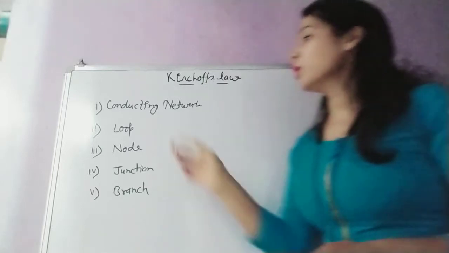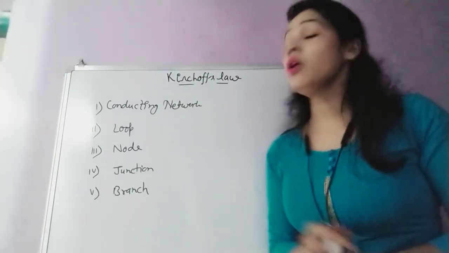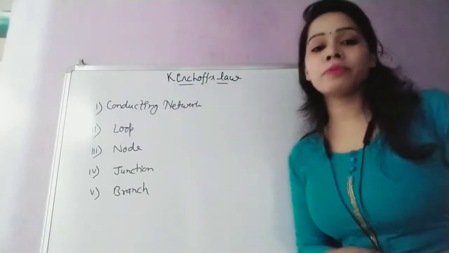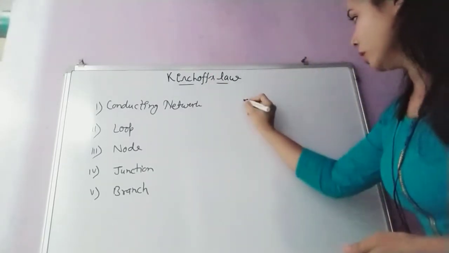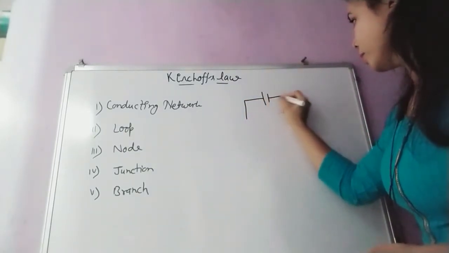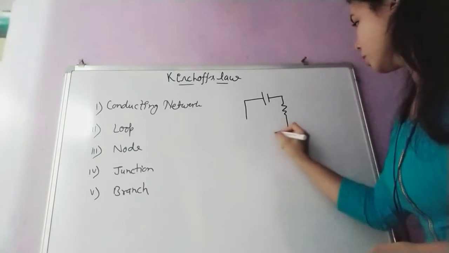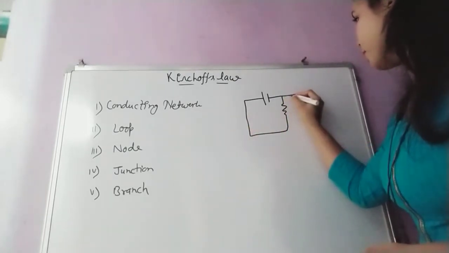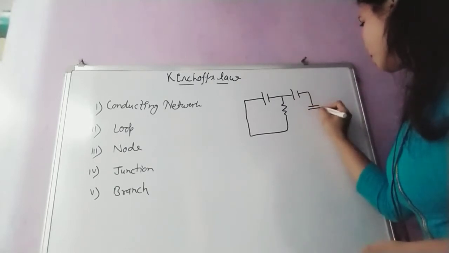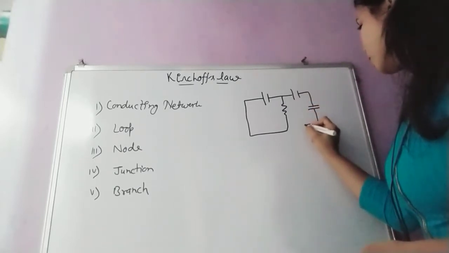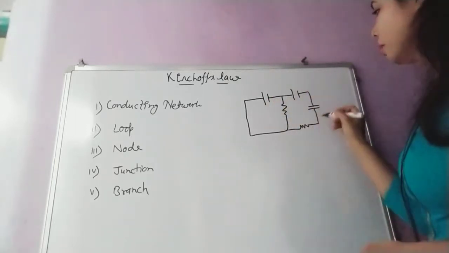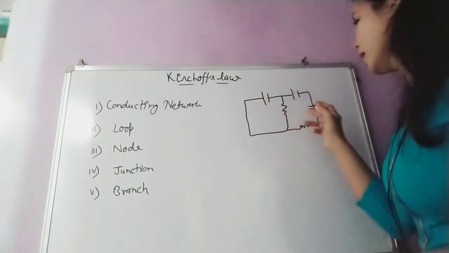Okay. So before knowing about Kirchhoff's law, we will understand some terms which are related to it. I am drawing one diagram. So these are the elements, conducting elements like resistors, cell, capacitor.